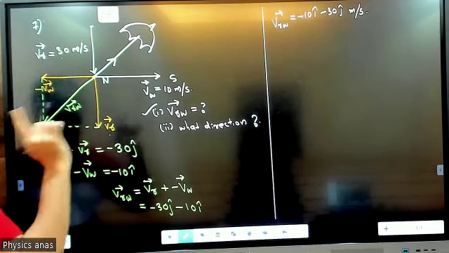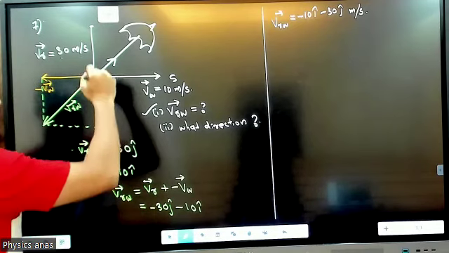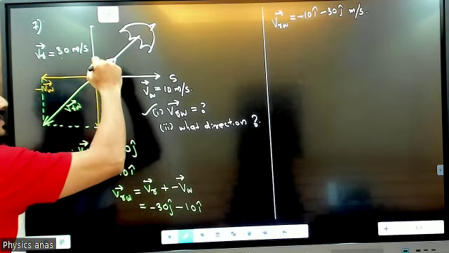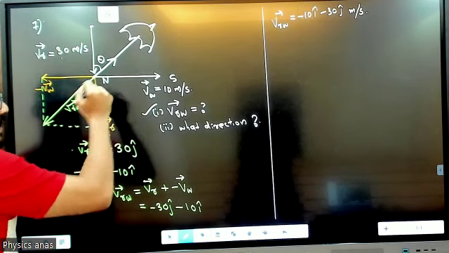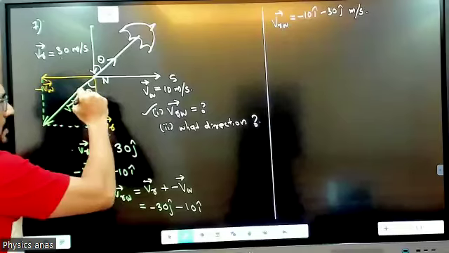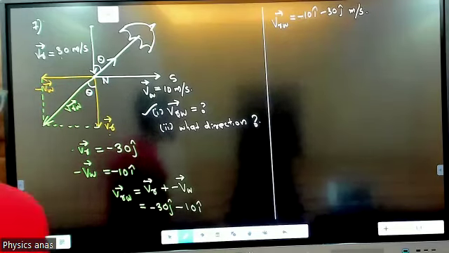And what will be that angle? If you are getting an angle here like this, theta, that will be the same angle between VRW and VR, because they are opposite angles, right?